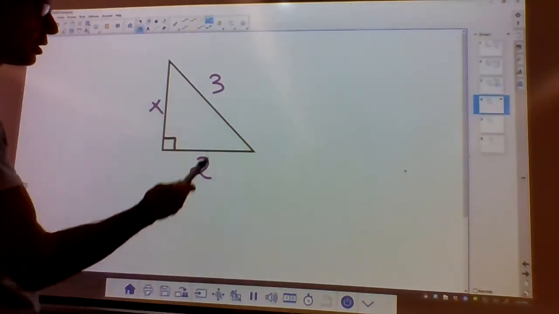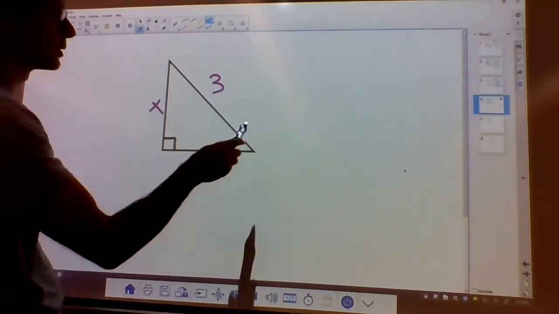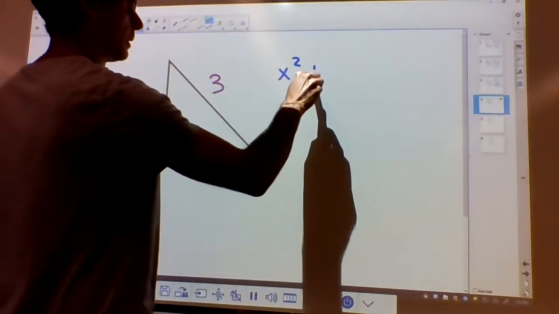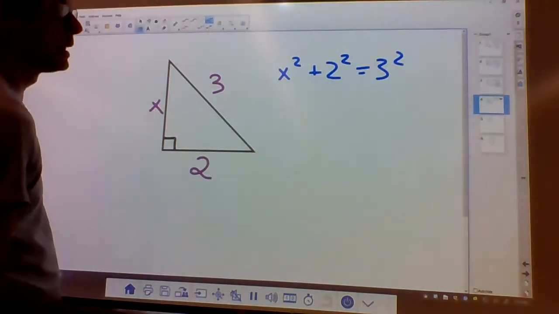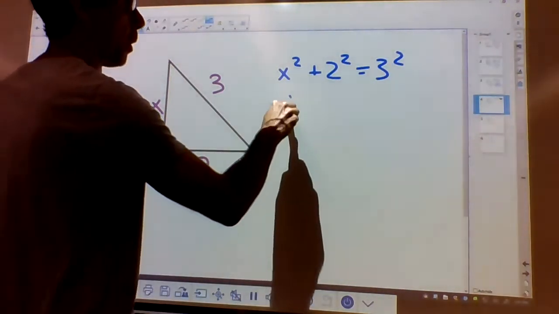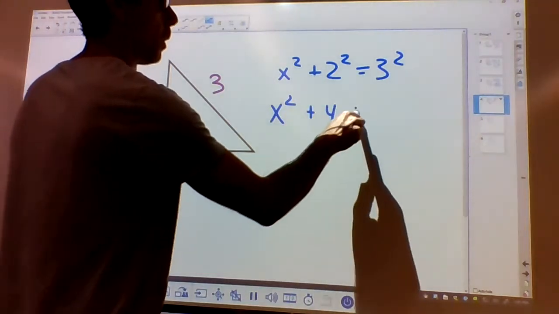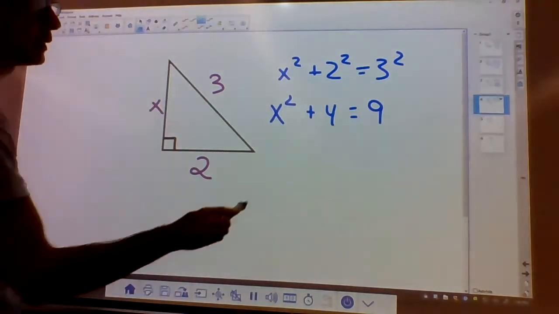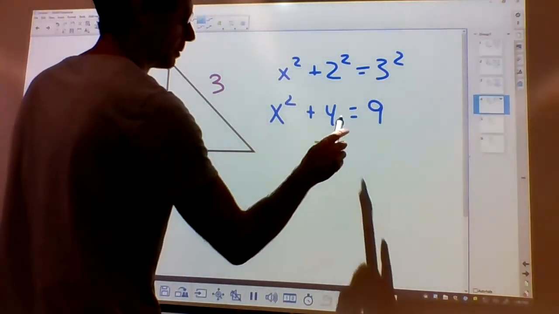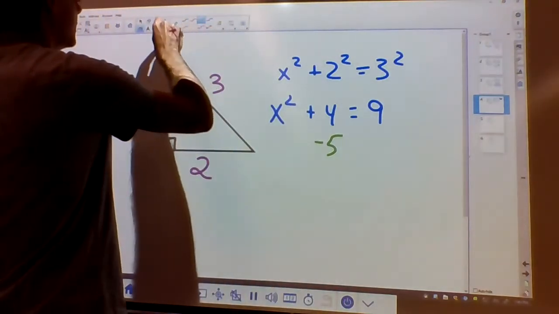Notice I kept the 3 and the 2, but now I put the 3 on the hypotenuse. So now we have x squared plus 2 squared equals 3 squared. And now we got the 4 and the 9 on opposite sides. So just like we did before when we had the hypotenuse, we have to subtract.